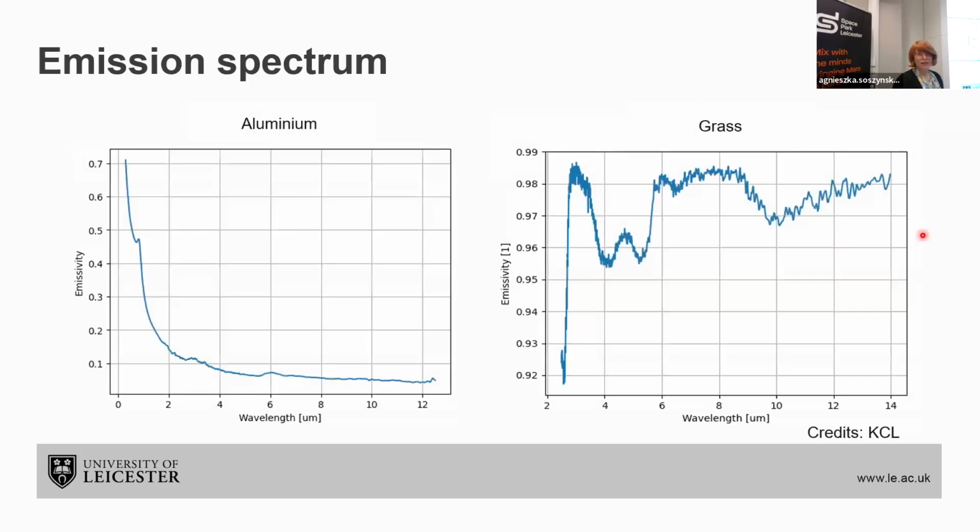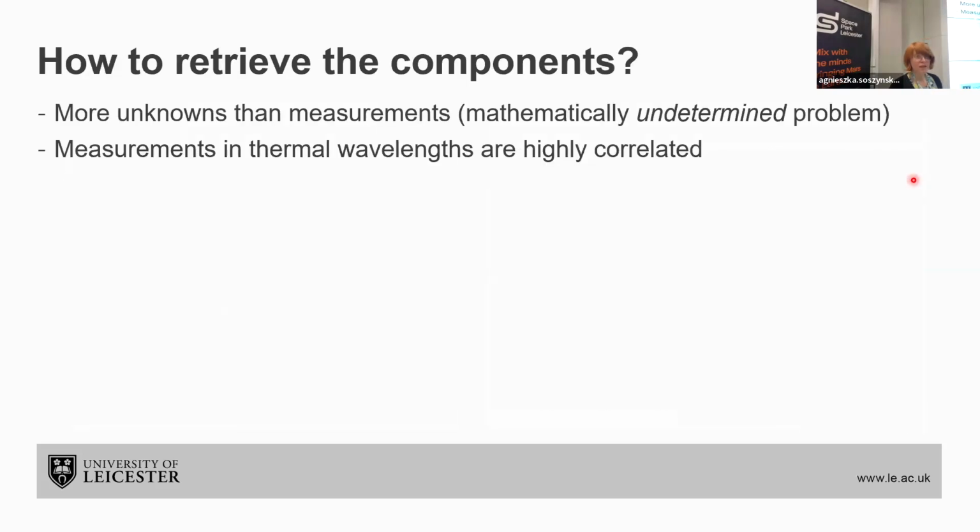And if you look at the grass spectrum here, the range is all above 90% in the thermal range, which means that the measurements will not be strongly different to each other. So therefore, we speak about highly correlated measurements in the thermal wavelengths.